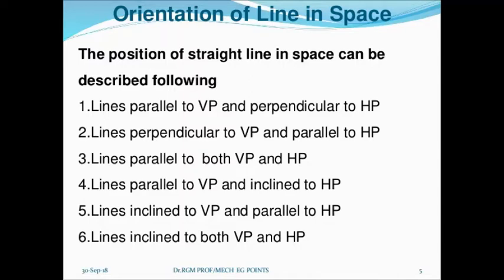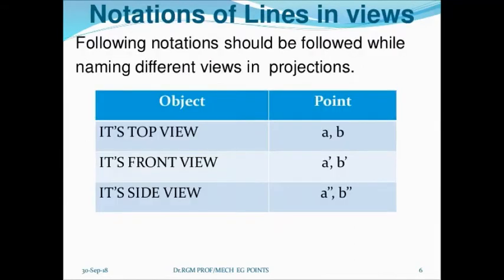Third case, line parallel to both VP and HP. Fourth one, line parallel to VP and inclined to HP. Fifth one, line inclined to VP and parallel to HP. And the sixth one, line inclined to both VP and HP.